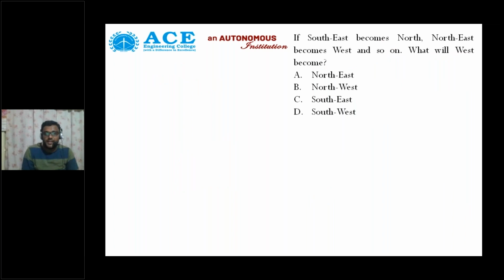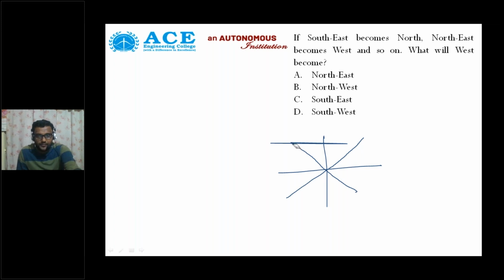Now here they have given that southeast becomes north. So we know the basic directions, four main directions and four cardinal directions. Now see this question. Southeast becomes north. This is actually southeast.